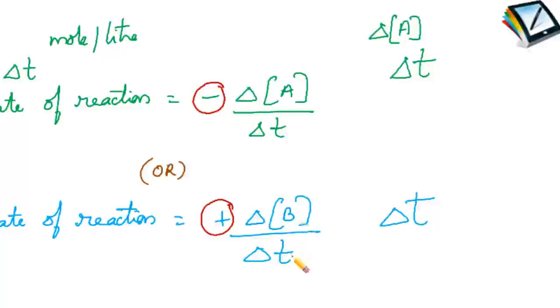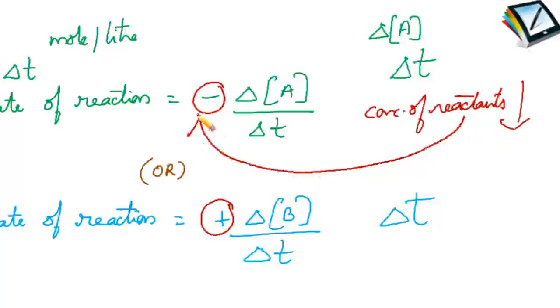And what do this minus and positive sign indicate? As just mentioned, along with the time, the concentration of the reactants decreases, and the decrease in concentration is represented by that negative sign. I repeat, the negative sign indicates the decrease in concentration of the reactant. Then what will be the case for the positive sign?